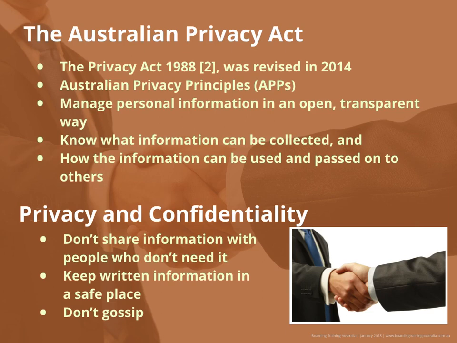So the Privacy Act has the Australian privacy principles. It tells us how we can manage information in an open, transparent way. Tells us what information can be collected, how it can be used, how it can be stored, how it can be passed on, what we do with it later on. All of that is in the Australian Privacy Act, and every organisation will have policies and procedures about privacy and confidentiality.